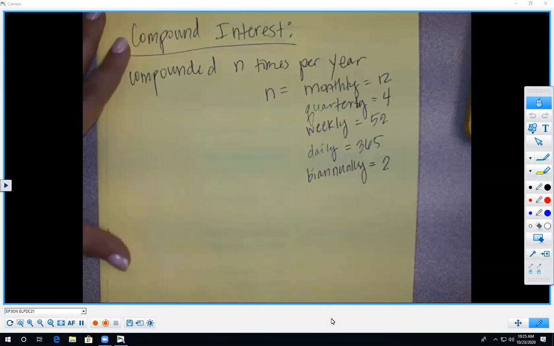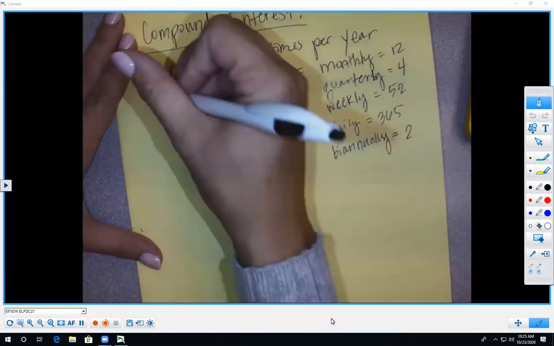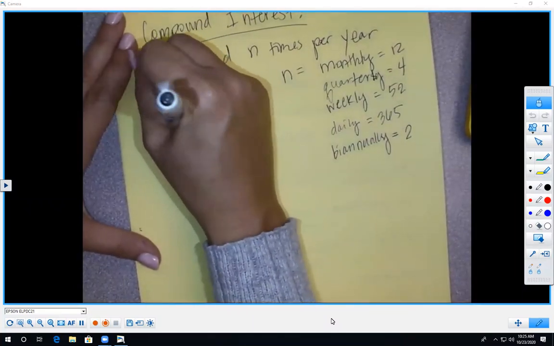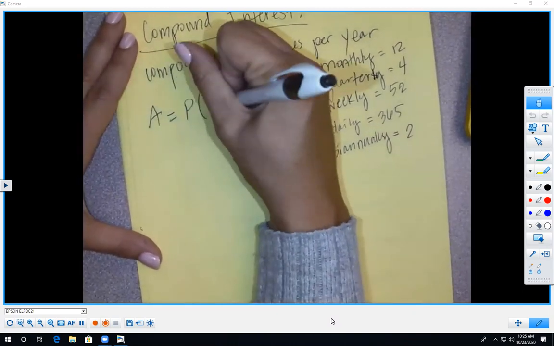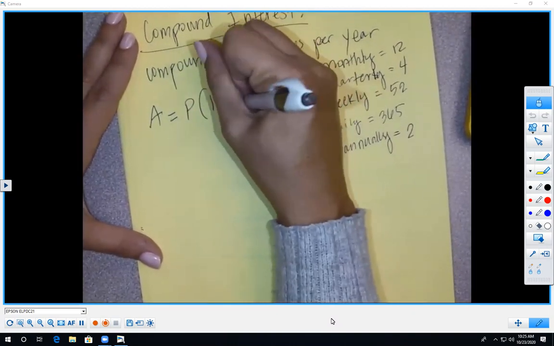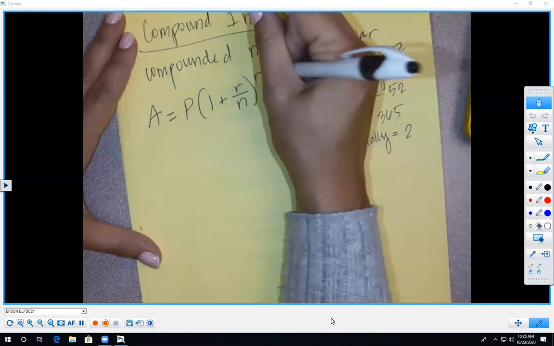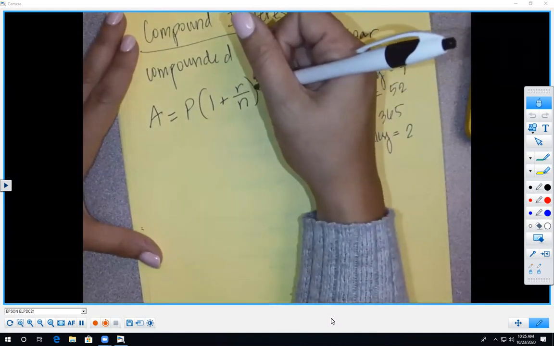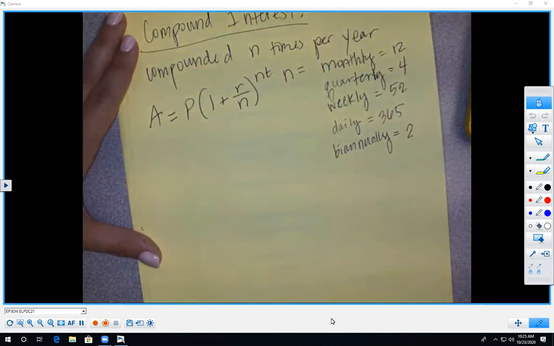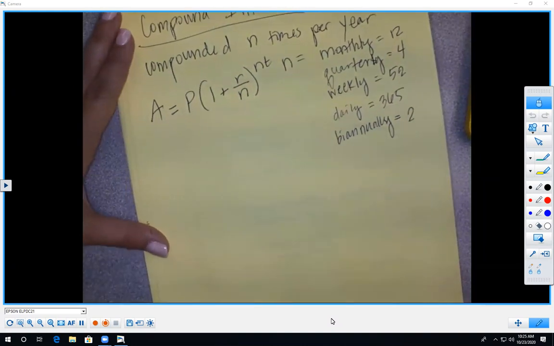Okay, so the formula for this is A equals P times (1 plus r divided by n) raised to the nt power. Let's go over what all these things mean.